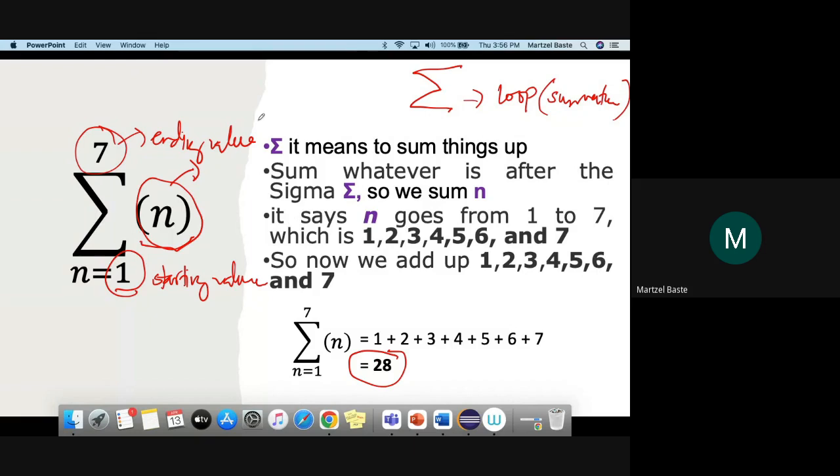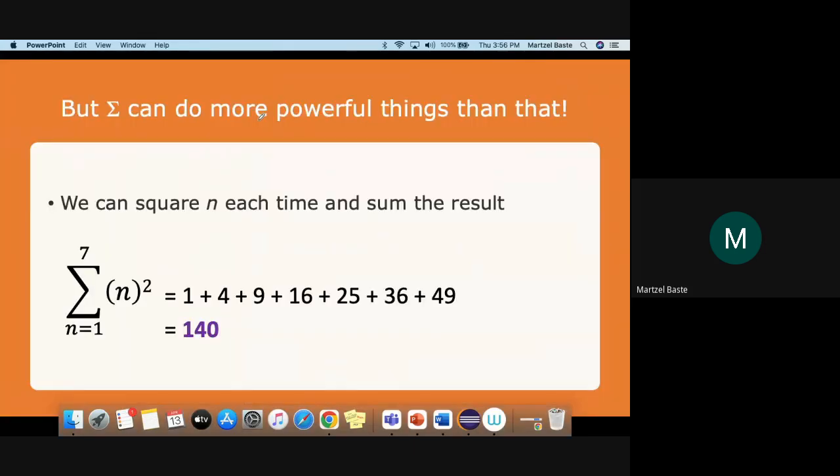So, let's continue. But the summation, other than it will add all the numbers after the sigma, it can also do a lot of powerful things. So one of it is we can get the square of the n each time and sum up the result.